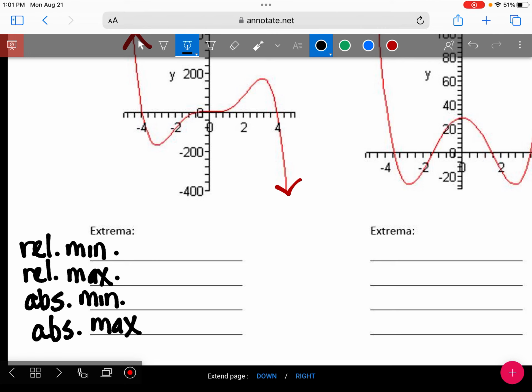So what I'm noticing is that I have an arrow that points up and an arrow that points down. So which two can I automatically cross out that we won't have? We won't have absolute max or min. So what I want you to write on those 2 lines is I want you to write none, because we don't have either one of those.